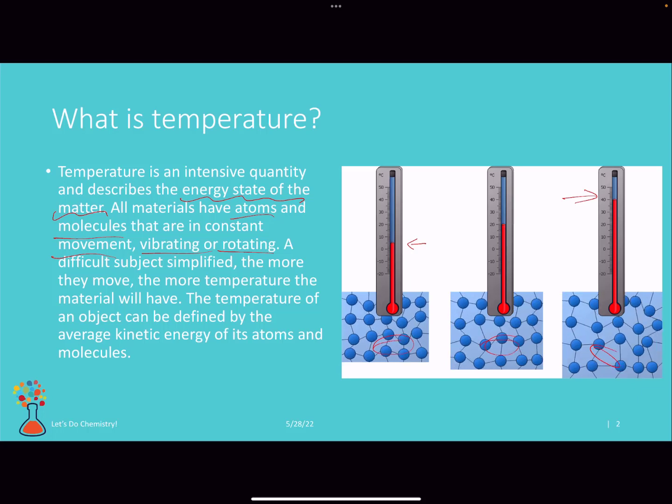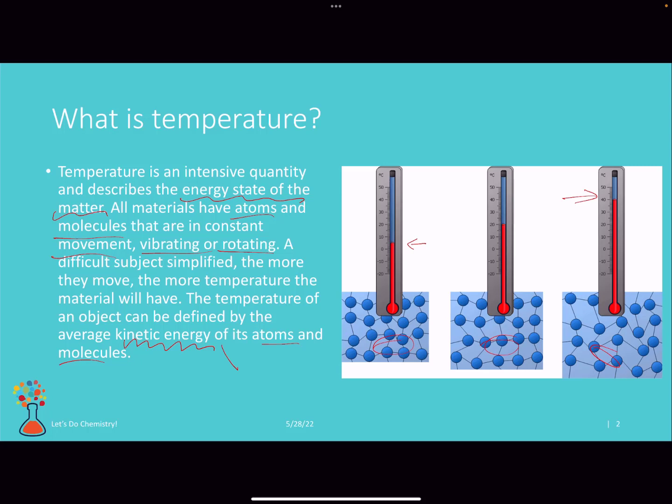Okay, so there is another type of description about temperature. The temperature of an object can be defined by the average kinetic energy of its atoms and molecules. I'm sure we will have a lot more insight when we learn physical chemistry about gases, and this is going to have more complicated equations to establish the temperature and kinetic energy relationship.